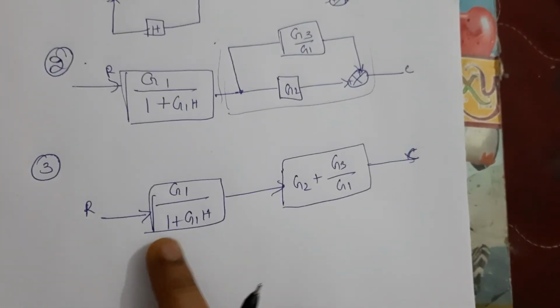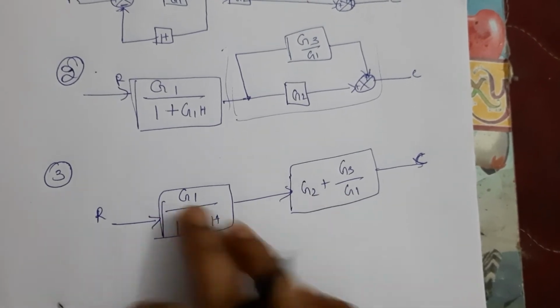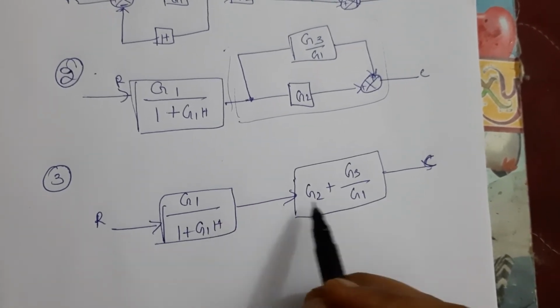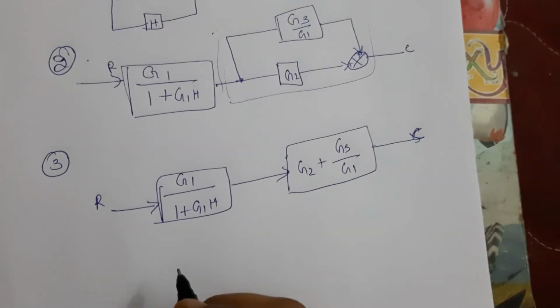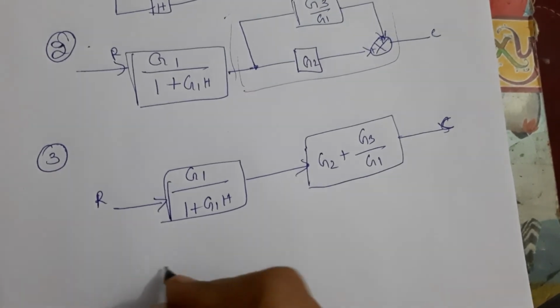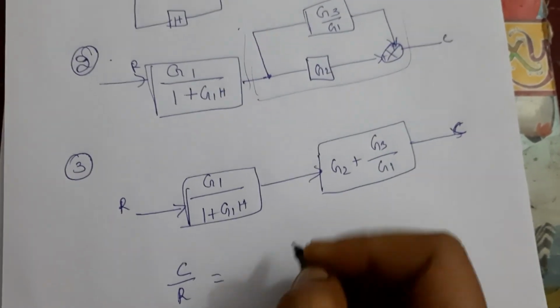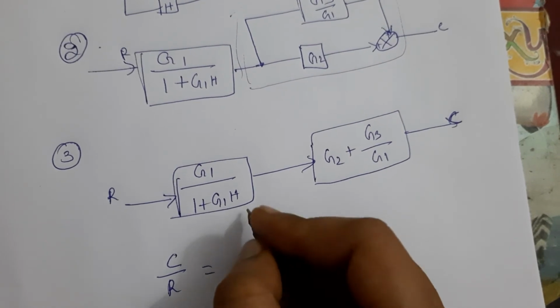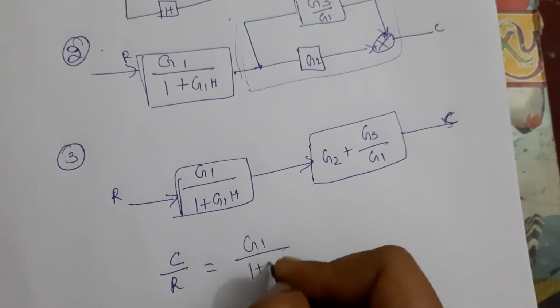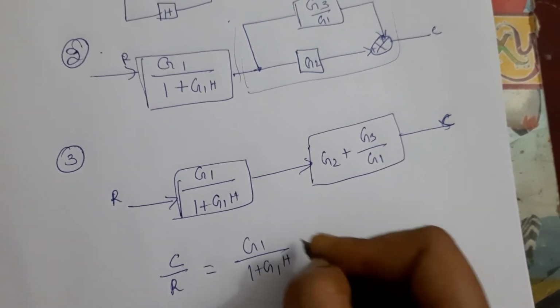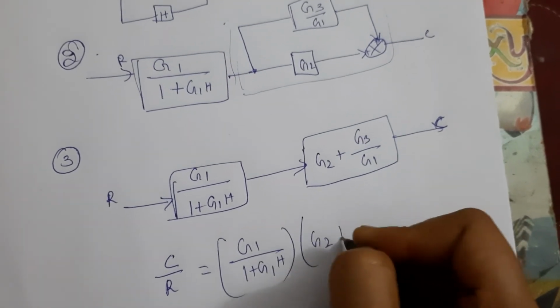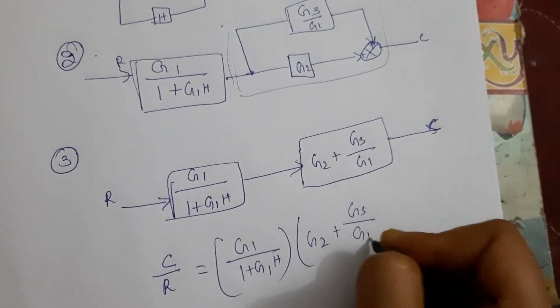Now we have two cascade connections, so we can multiply these two, and that will give C by R. So C by R is equal to the multiplication of these two, G1 divided by 1 plus G1H into G2 plus G3 divided by G1.